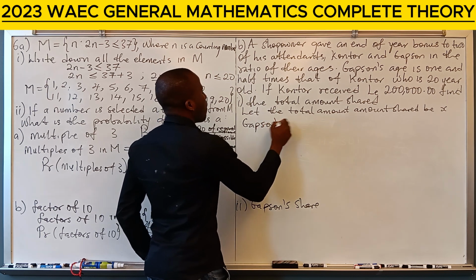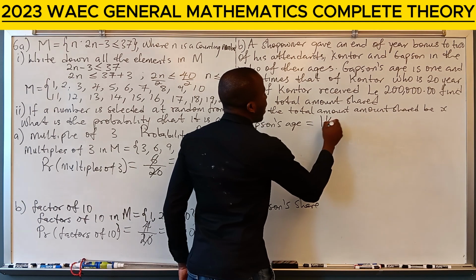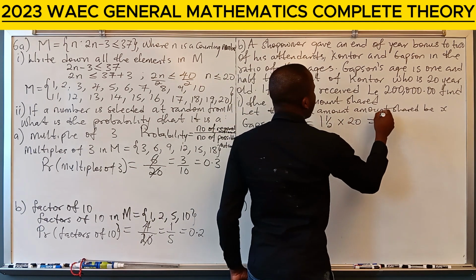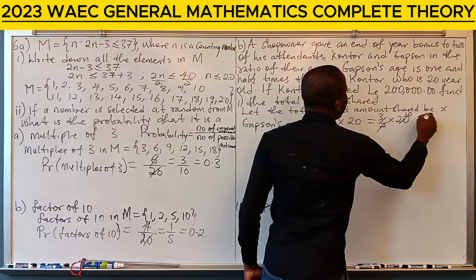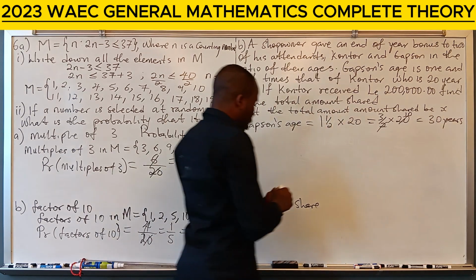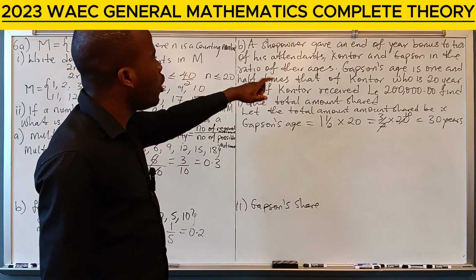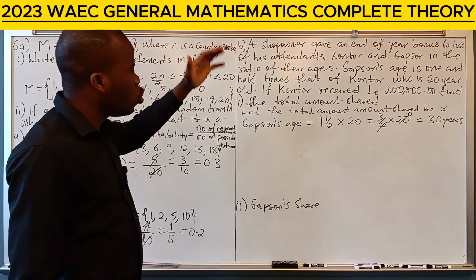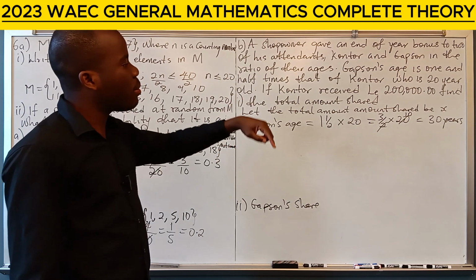So Gabson's age is 1.5 times 20, which is 3 over 2 times 20. This is 10, and 3 times 10 is 30 years old. Gabson is 30 years old. So the ratio in which the shop owner gave this bonus is 20:30, as to Cantor is to Gabson.